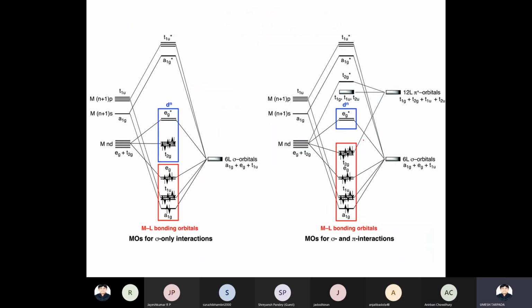So better way you can understand this diagram, so you can see this picture is clear. So whenever sigma bonding is there, sigma only, तो उस केस में आपको यही सिग्मा ऑर्बिटल कंसीडर करना है, that is a1g, eg and t1u. इसमें 6 लिगेंड हो गए बिकॉज ये 6 ऑर्बिटल्स है तो उनके 12 इलेक्ट्रॉन आ जाएंगे. Here you can have 12 electrons.